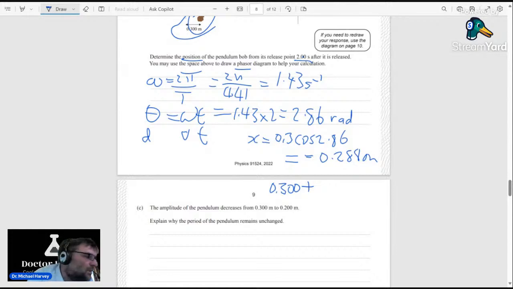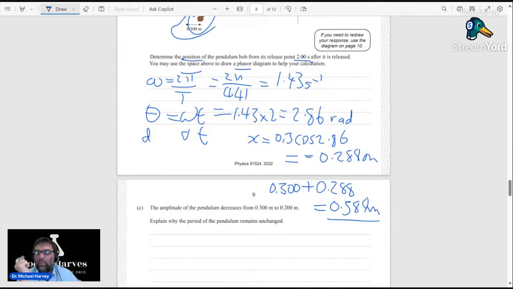So plus 0.288. It's only negative because it's basically its position, whether it's going to be on one side of the equilibrium point or the other. So it's basically 0.588 meters. There we go, there's your excellence point.